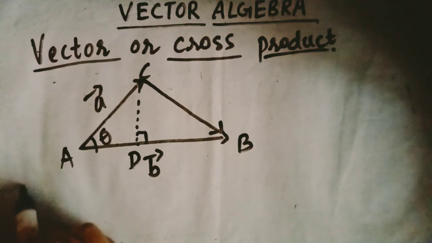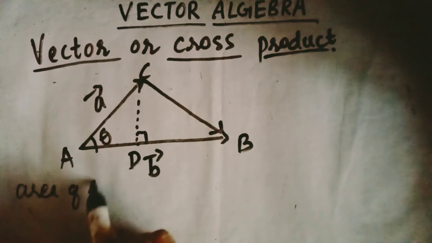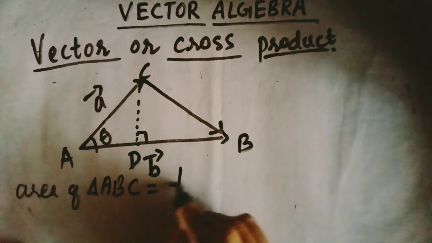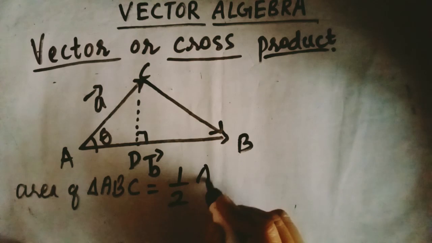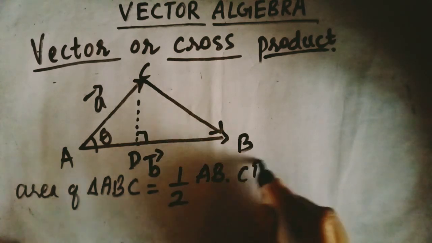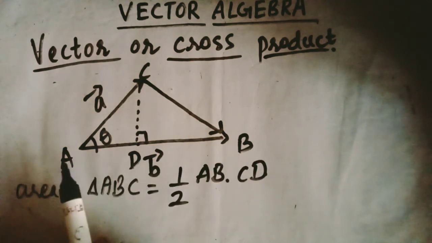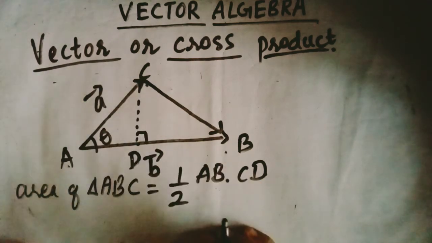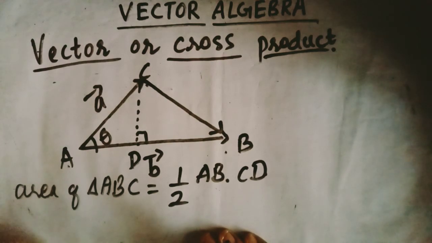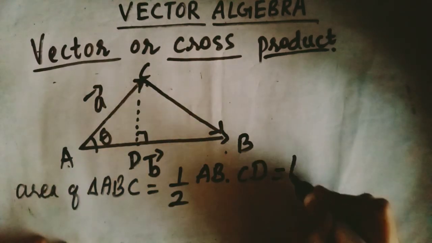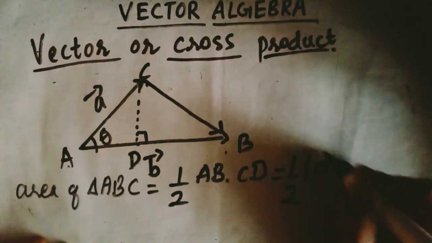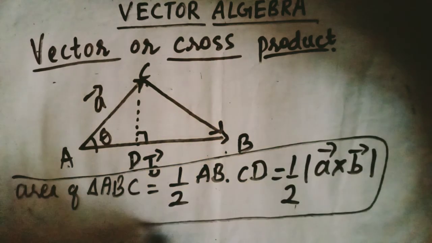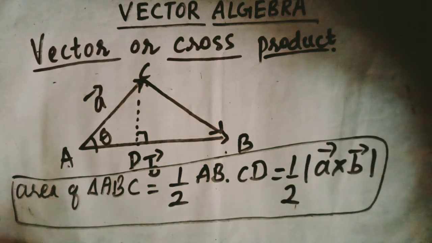So area of triangle ABC is given by half AB into CD, base into height. So this in terms of vectors we can write half mod of A cross B. So this is your area of a triangle in terms of cross product.